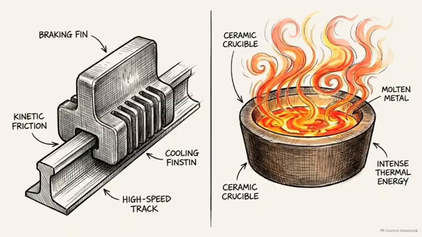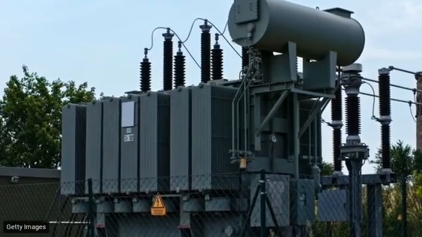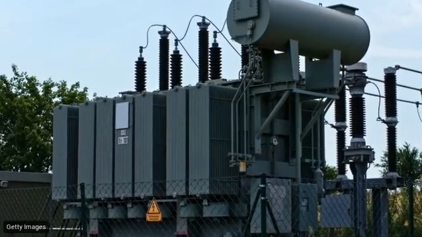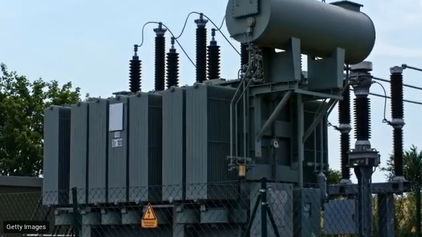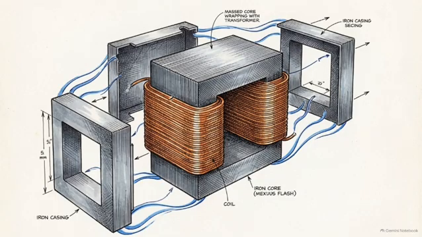or melt industrial steel. However, that exact thermal conversion becomes a critical vulnerability when it threatens the core infrastructure of the electrical grid. As these notes indicate, in AC electrical systems, eddy currents are highly undesirable because they continuously dissipate valuable electrical energy in the form of heat. Transformers are uniquely vulnerable to this.